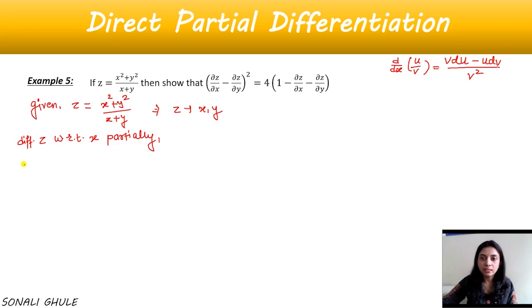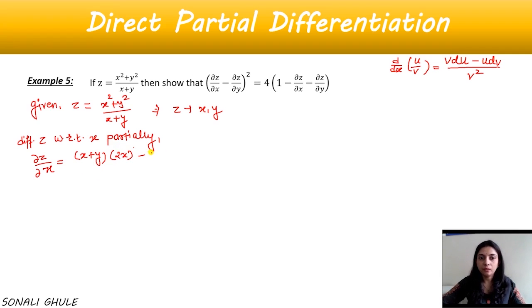So by using this result, I can write the partial derivative of z, as z is a function of x and y. First of all, our denominator is constant, so I write x plus y constant. Then the derivative of the numerator, x square plus y square: y is constant with respect to x, so its derivative is 0, and the derivative of x square is 2x.